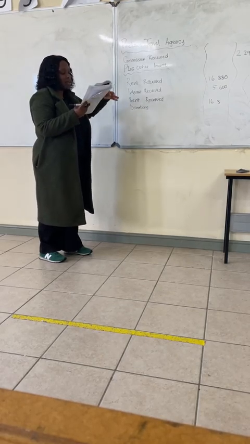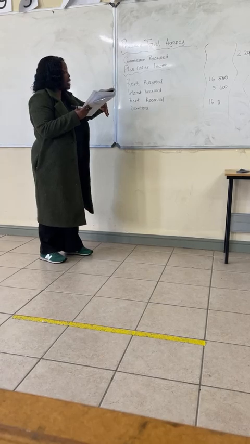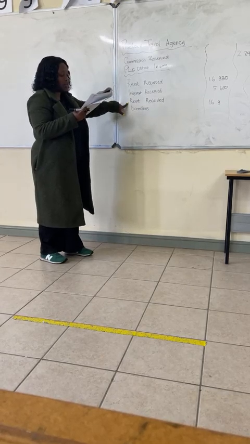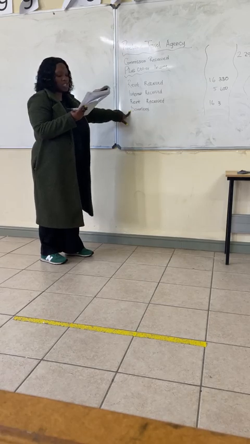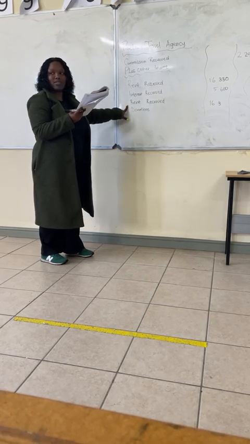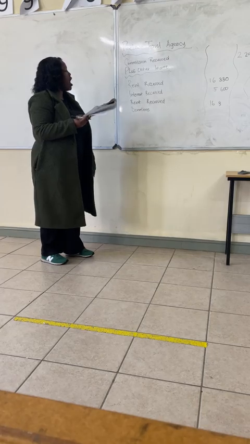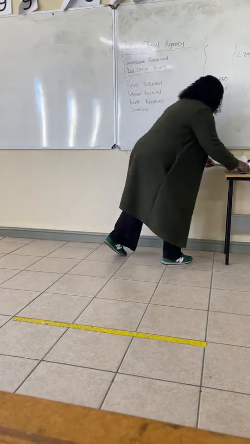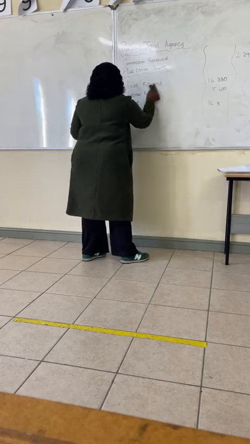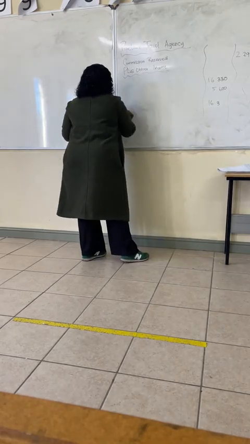Hence, I moved from commission, then I did interest, then I'm doing the rent, then it's donations. Or should I? Oh, thank you guys. Okay, let me just redo this over here.